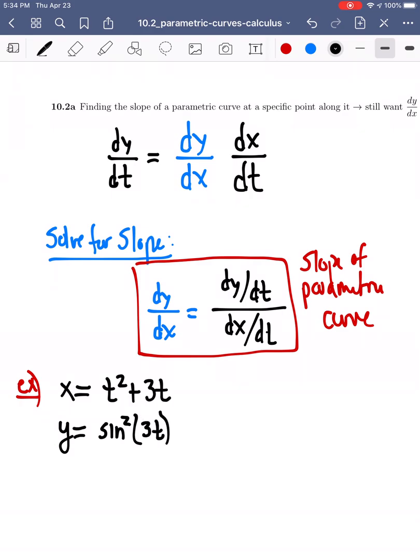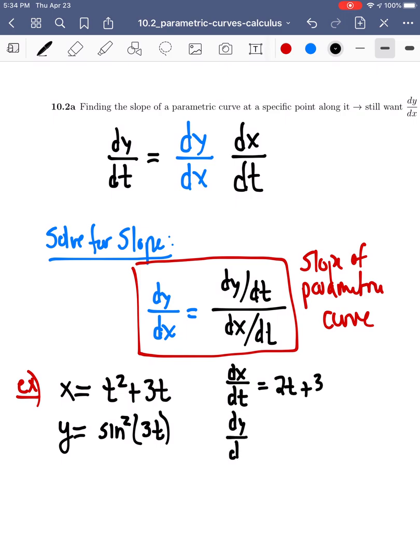If we want to calculate the slope along that parametric curve, well, we just have to take the derivatives of dy dt and dx dt and take their ratio. So dx dt is equal to 2t plus 3.